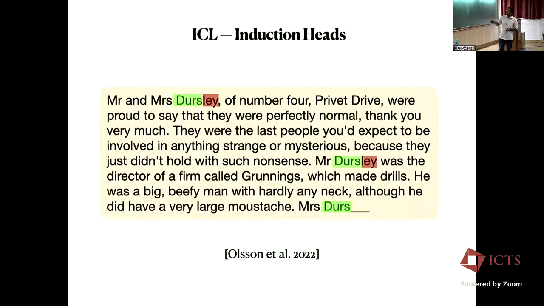Here it's lay, and it uses the same thing for prediction here. That's the rough idea. This is a specific kind of in-context estimation. And people know that this behavior is due to the presence of circuits called induction heads. I'll talk about them slowly, but this is just an overall outline.